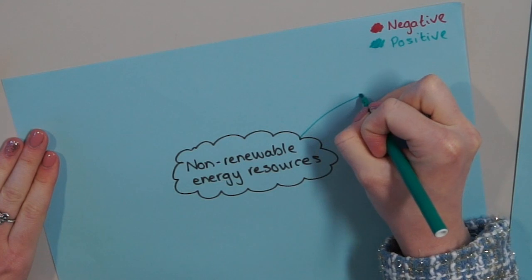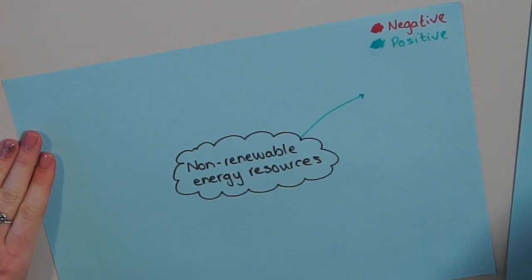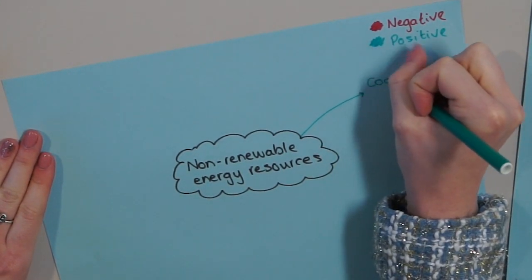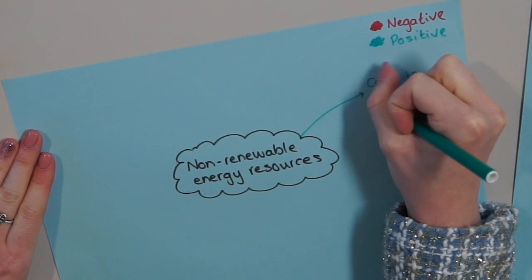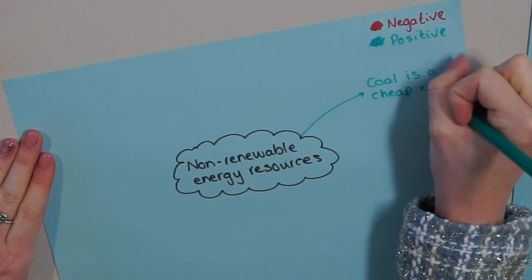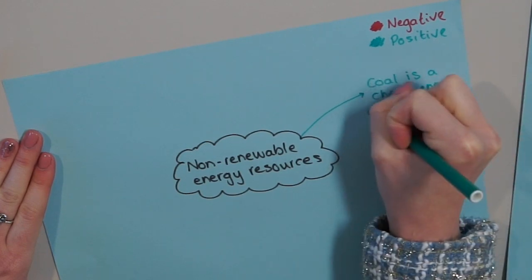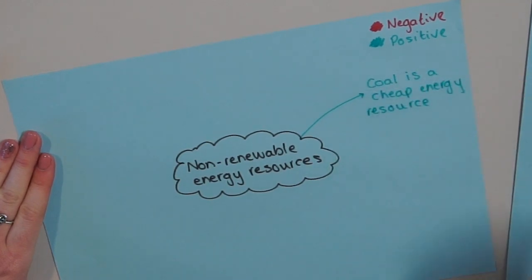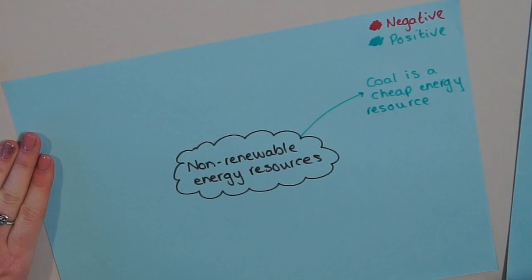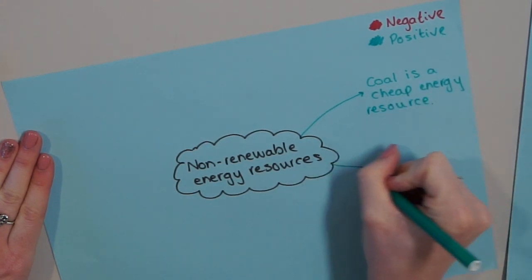So a positive of non-renewable energy resources is that they are usually cheap. So coal is a cheap energy resource. This is good because countries that are developing are able to afford them.